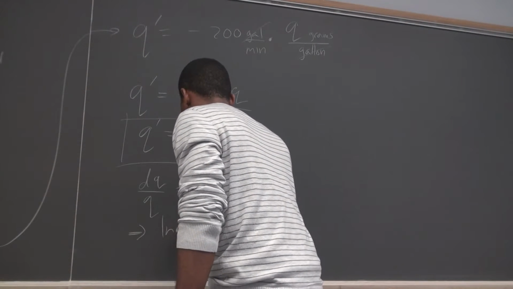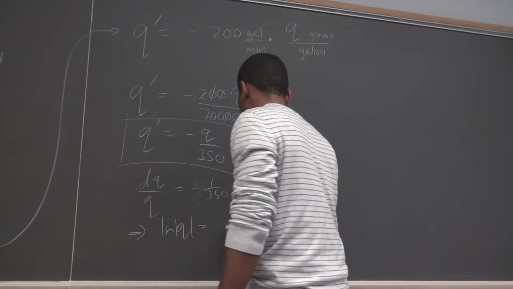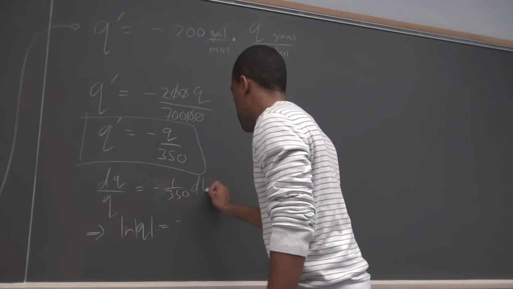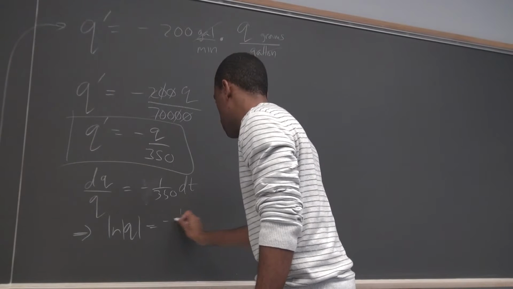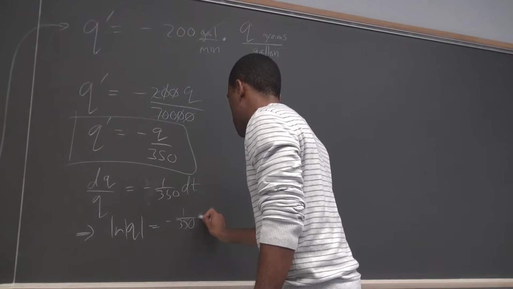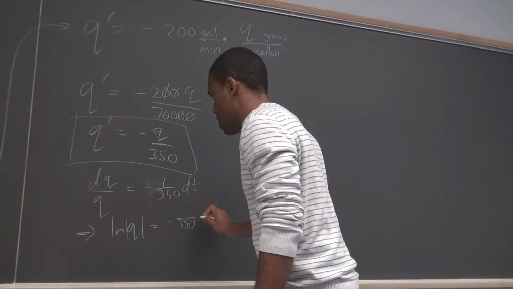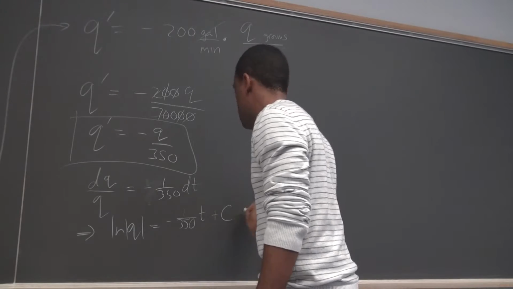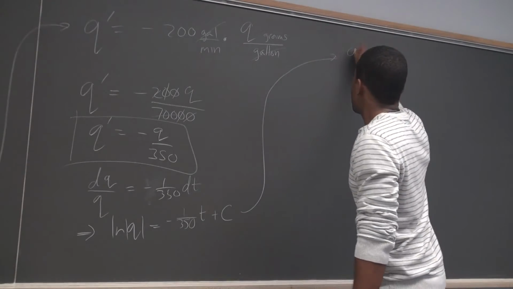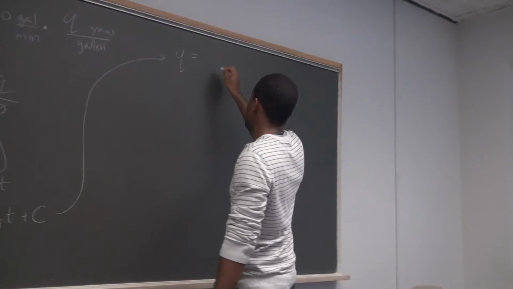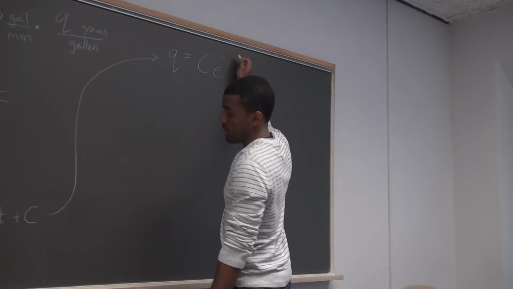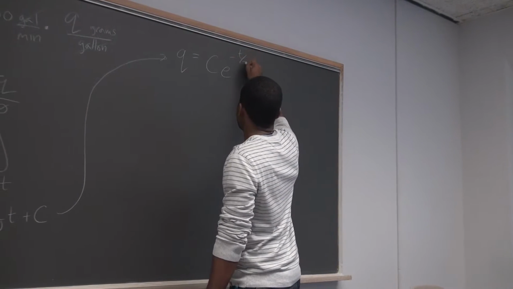This means ln Q is equal to minus 1 over 350 t plus C. This implies Q is equal to C e to the minus t over 350.